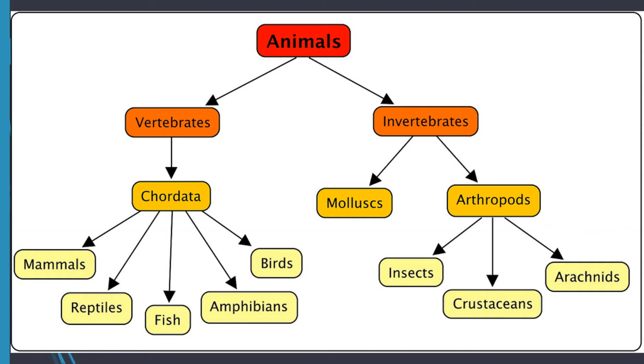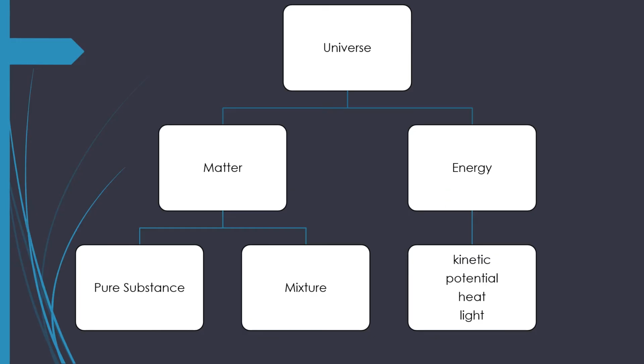The other thing we're going to talk about is how matter is broken down. Maybe you're familiar with how animals can be broken down into those with backbones, called vertebrates, and those without backbones, called invertebrates. Vertebrates can be broken down further into mammals, reptiles, fish, amphibians, and birds, whereas invertebrates can be mollusks or arthropods and so on. That kind of breakdown is what I'm looking to accomplish here.